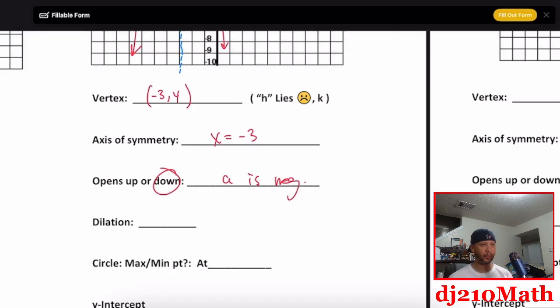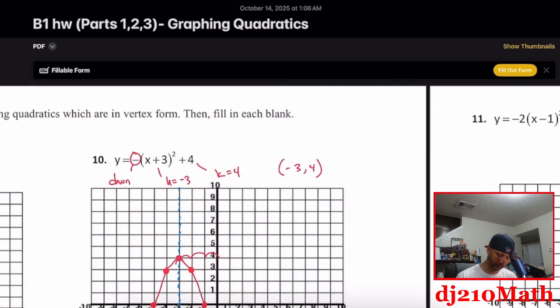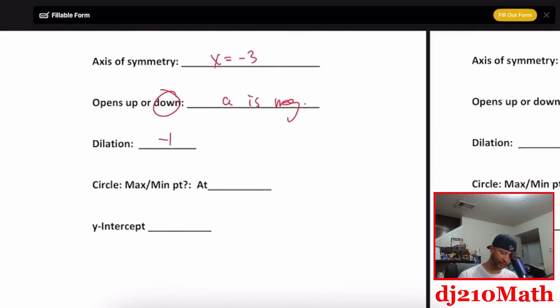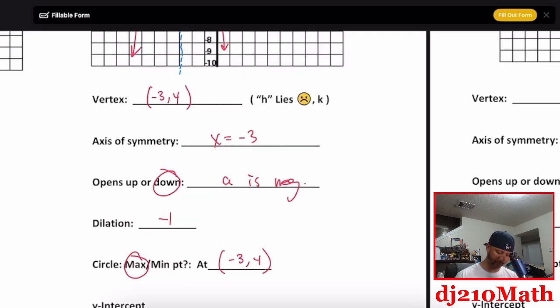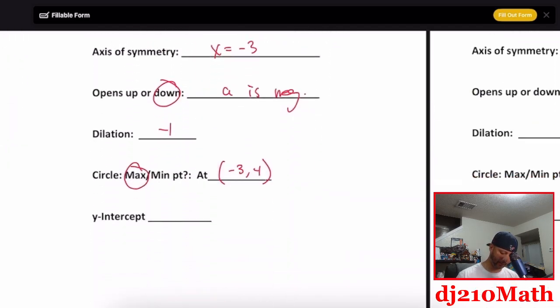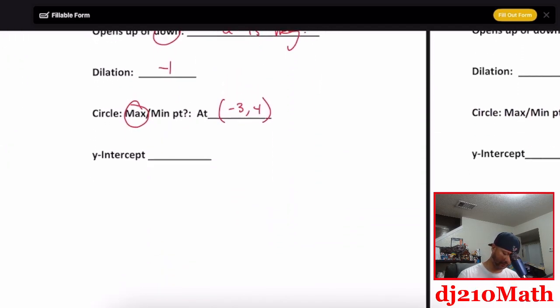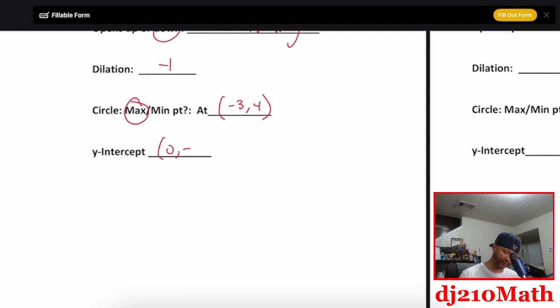It opens down. A was negative. Dilation, -1. Yep, -1. It does have a max point because it opened downward. The max is at the vertex. She said -3, 4. The y-intercept, we found that: 0, -5.